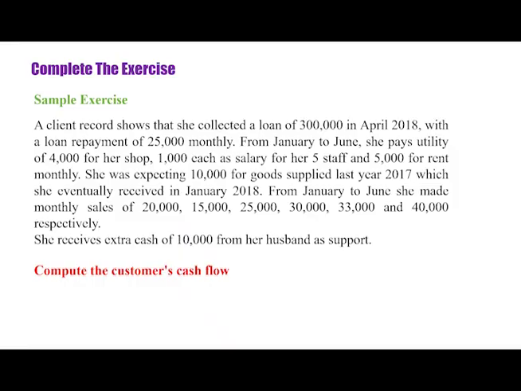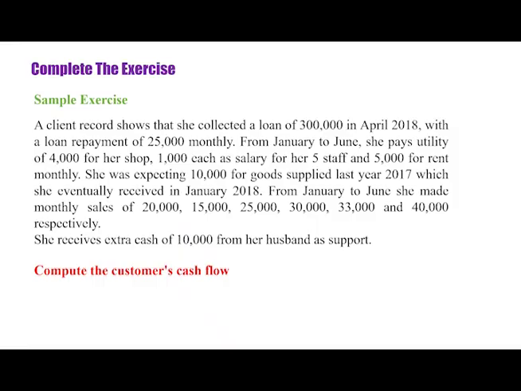She was expecting $10,000 for goods supplied last year in 2017, which she eventually received in January 2018. From January to June, she made monthly sales of $20,000, $15,000, $25,000, $30,000, $33,000 and $40,000 respectively. She receives extra cash of $10,000 from her husband as support.